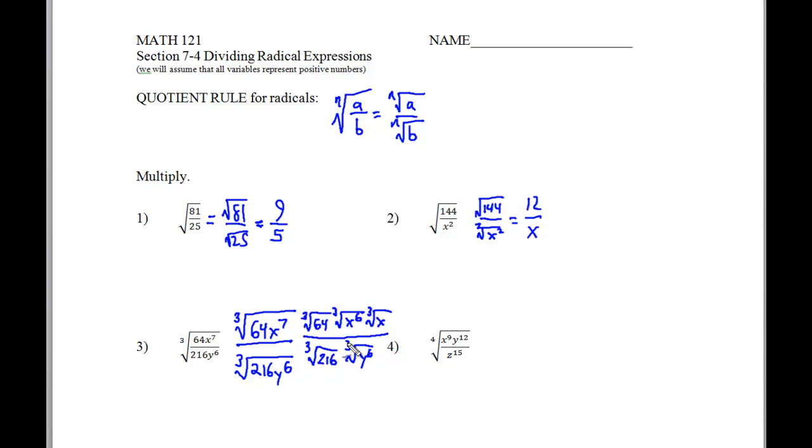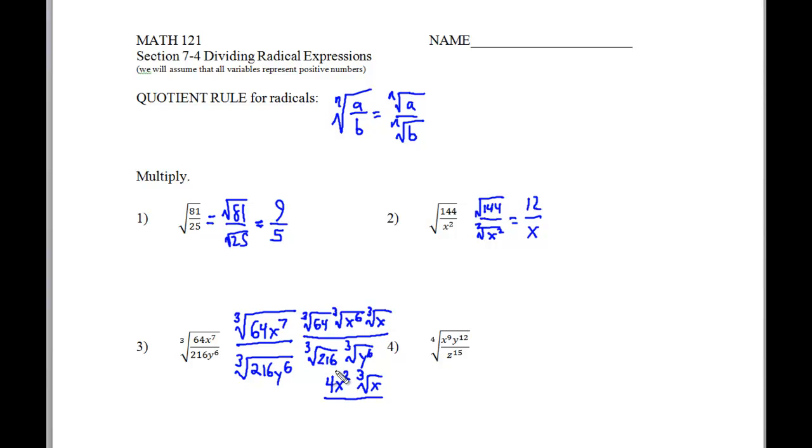So what this is going to leave me with is the cubic root of 64, which is going to be 4. And x to the 6th divided by 3, or x to the 6 thirds, gives me 2. And this cubic root of x is still trapped inside there, nothing to do there.